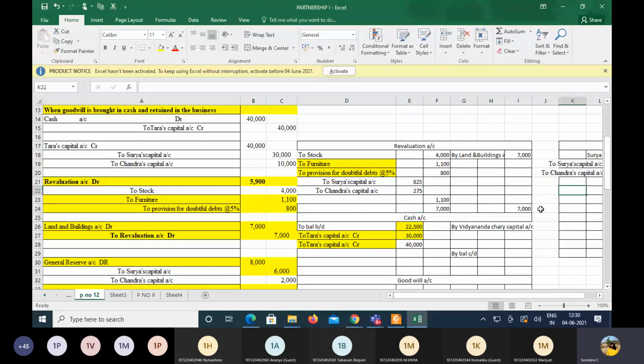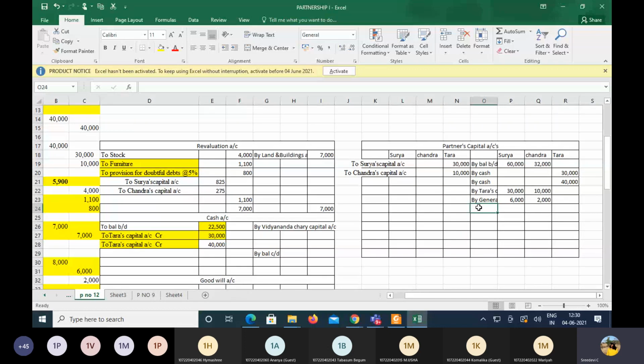The same thing we are going to post in the capital accounts, by revaluation, that is 825 and 275. That's it.